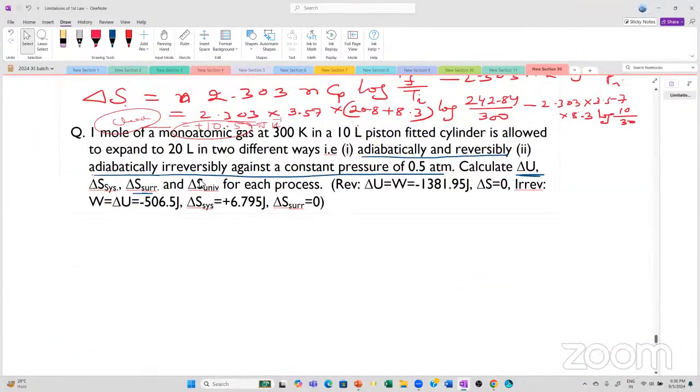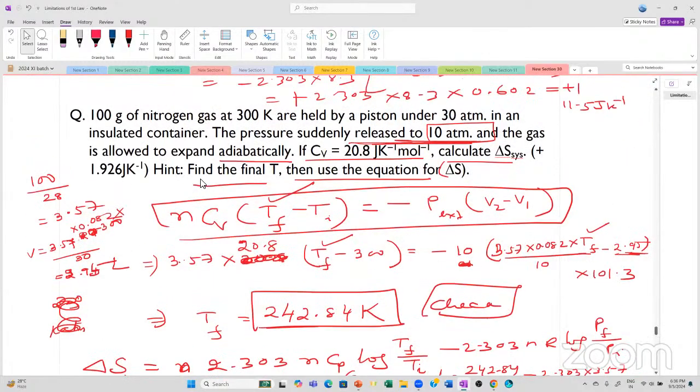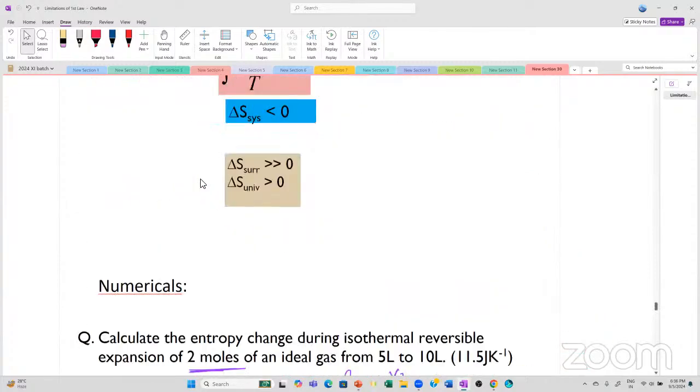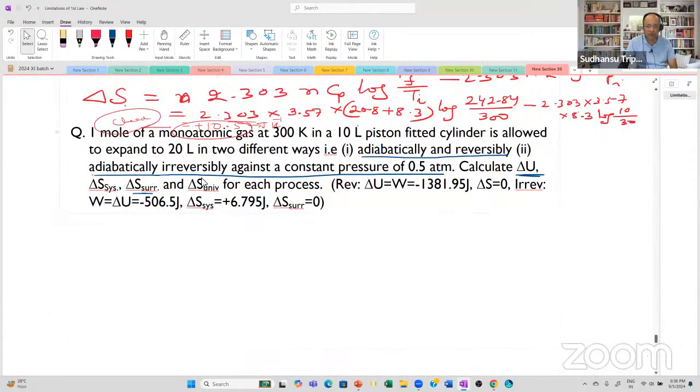So it was a diatomic ideal gas. State one, state two, state three. Okay, you tell me how to proceed.